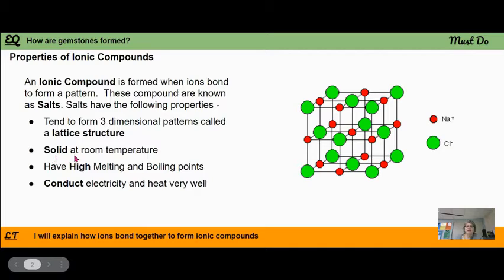They are solid at room temperature, so at 70 degrees Fahrenheit or 40 degrees Celsius, they tend to be solid. NaCl is table salt, so if you're imagining what table salt looks like, that's what this is.